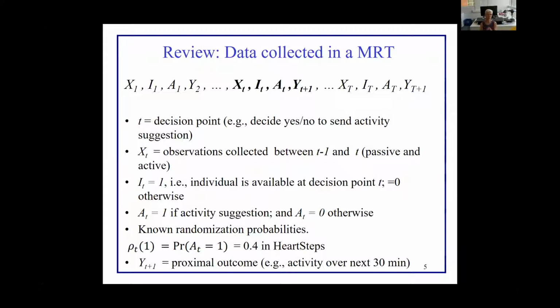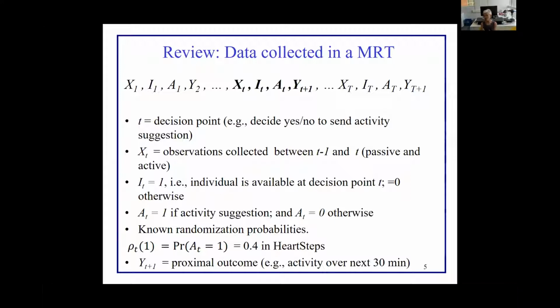But no matter what, we always observe availability prior to sending any kind of message. And A_t, it's an indicator as well, and in the simplest cases, and you see here on the screen, it's coded as 1 if an activity suggestion is sent, 0 otherwise. And these activity suggestions are randomized.